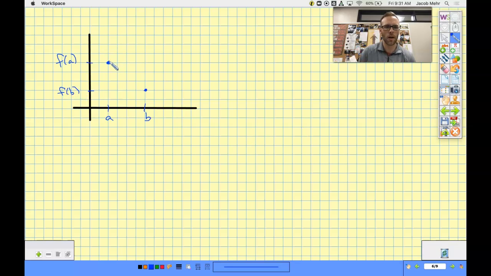Let me draw a function again that goes like that. If I find the slope between these 2 points, is there a c in our interval where the slope of the curve matches the slope of that line? Yeah, it's probably right about there. This is my value of c. I can't break this unless I don't follow the criteria. If it's not continuous or not differentiable, then that's not going to be true. But if it is, it has to be true.